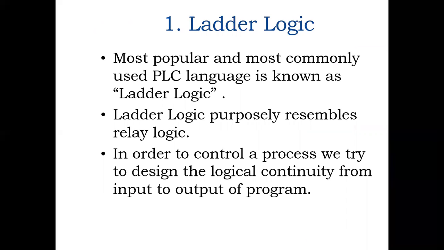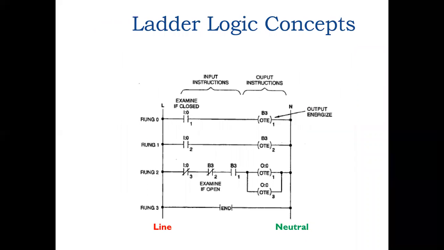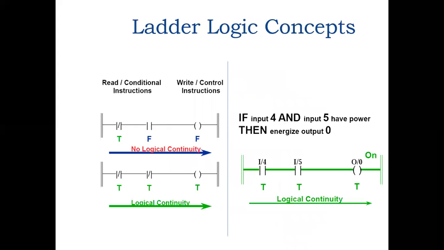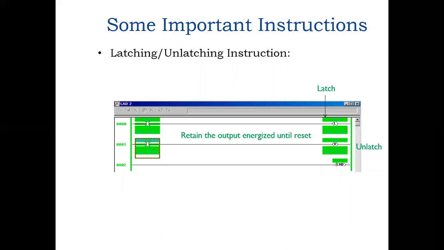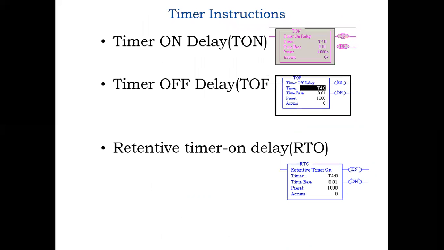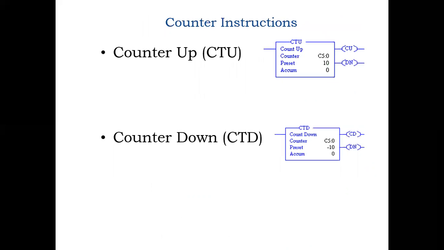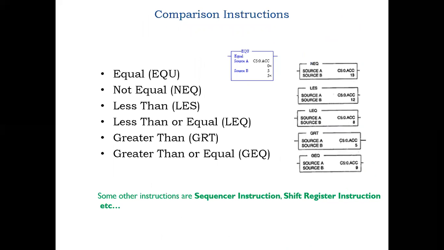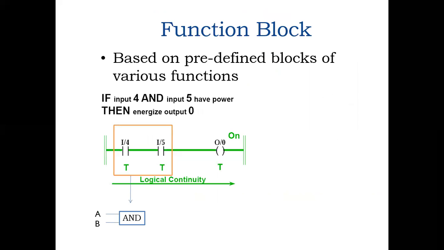In order to control a process, we design the logical continuity from input to output in the program. We discussed these logical concepts, and also the read and write instructions. These are the timer instructions: timer on, timer off, retentive timer on delay, then up counter and down counter, and the equal, not equal, less than or equal, and greater than or equal conditions used in timers and counters.